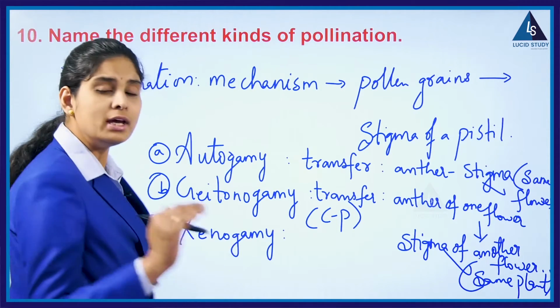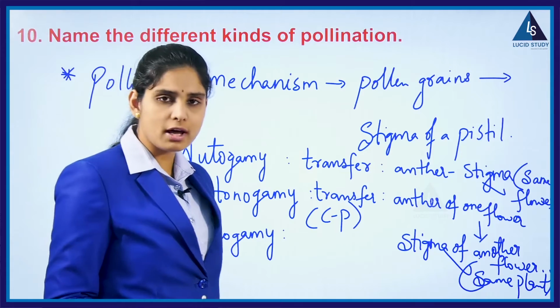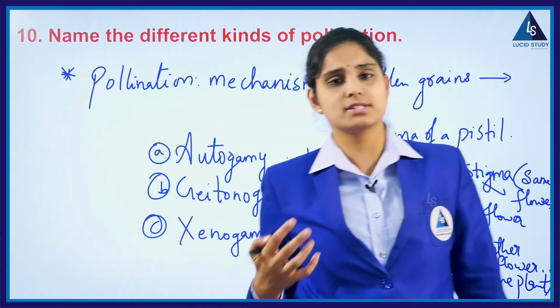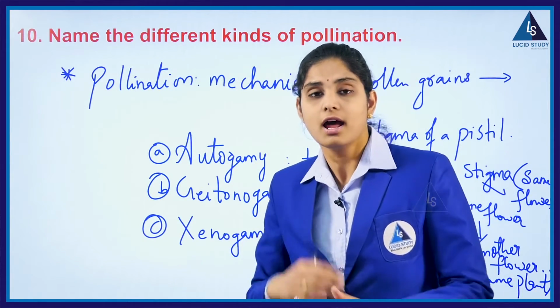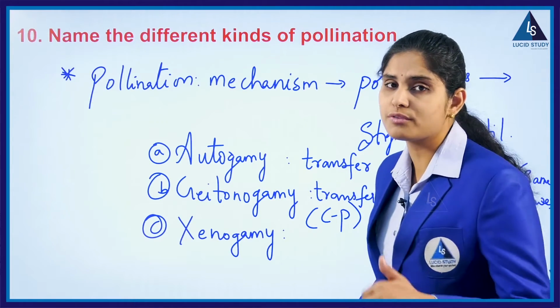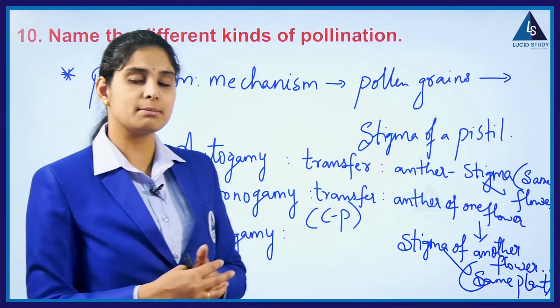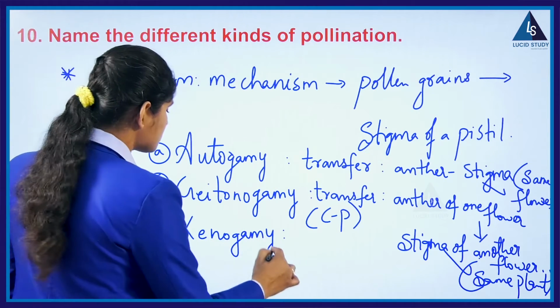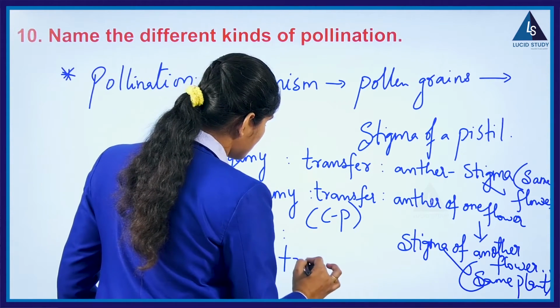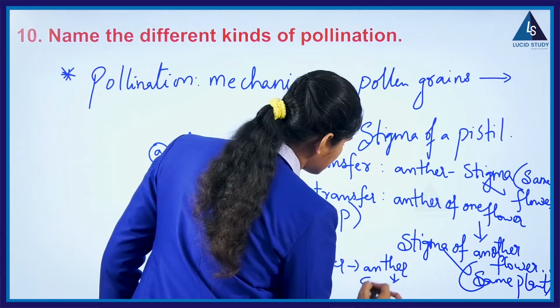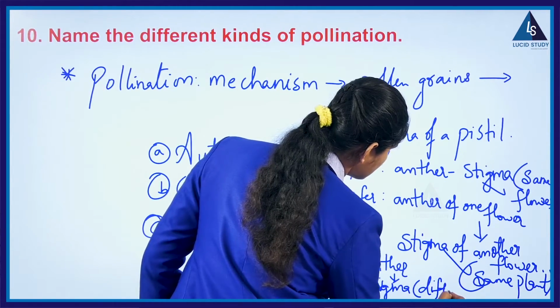Now, xenogamy is where pollen grains present in the anthers of one flower are transferred to the stigma of another flower of a different plant, right? So, it is completely a different plant now. So, pollen grains transfer from anther to stigma of a different plant.